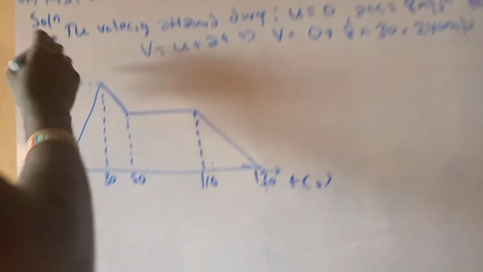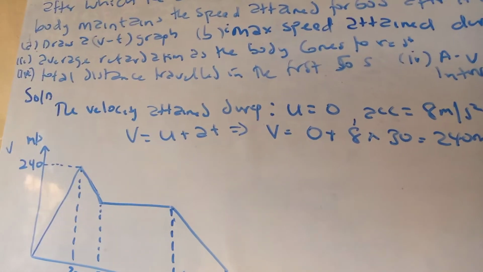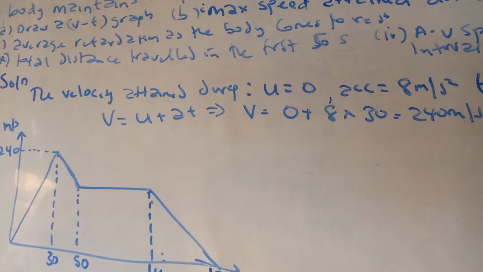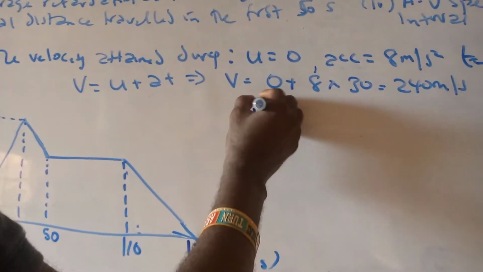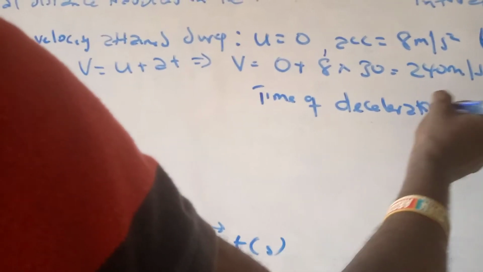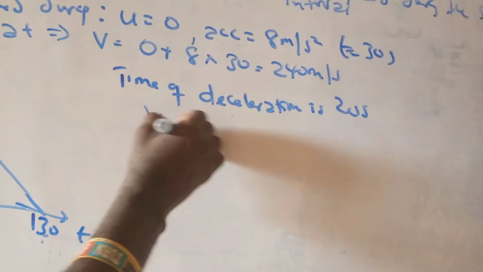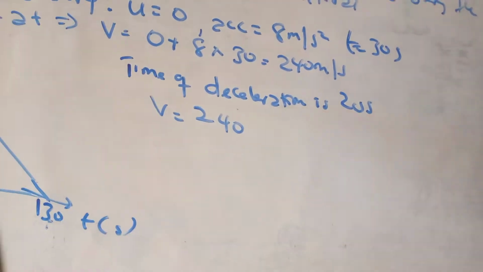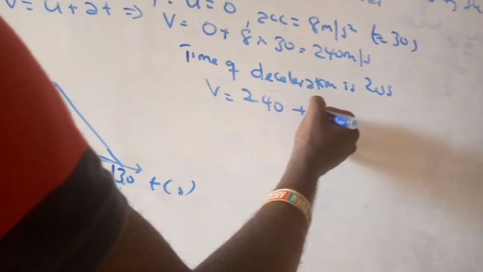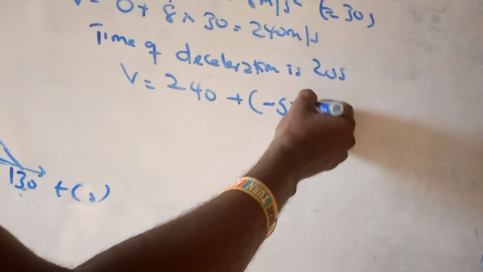Now we need to calculate the speed at the end of the second stage. The time of deceleration is 20 seconds. So we use v, which is 240, minus 5 times 20.